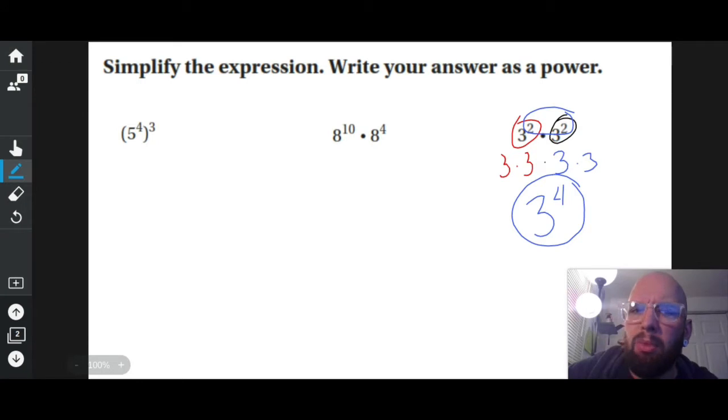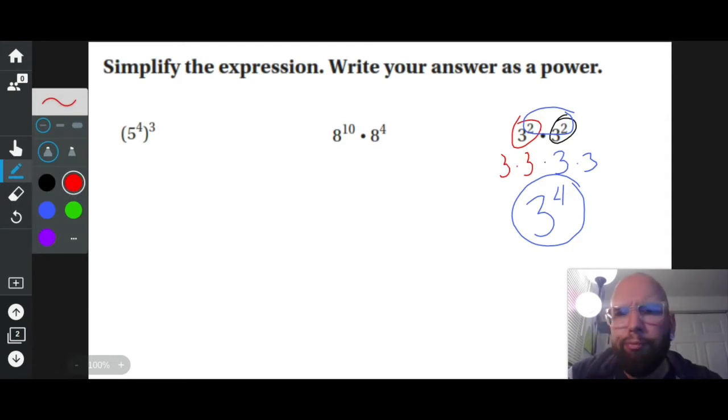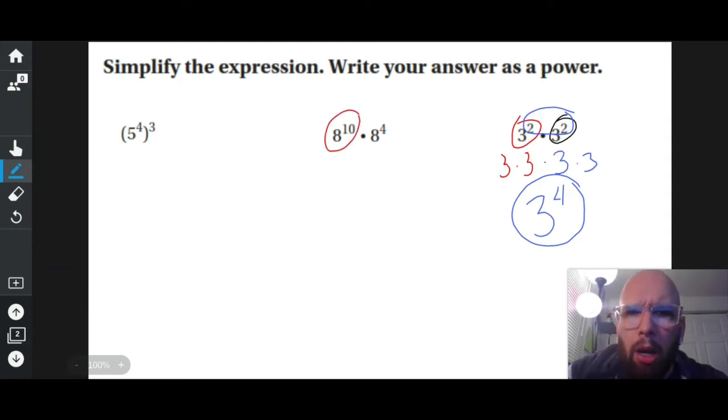I don't know. Times, add? We'll see. Let me look at those 8s there. Ugh. So many. That one has 10 of them. So 8 times 8 times 8 times 8 times 8 times 8 times 8 times 8, 1, 2, 3, 4, 5, 6, 7, 8 eighths, times 8 times 8.